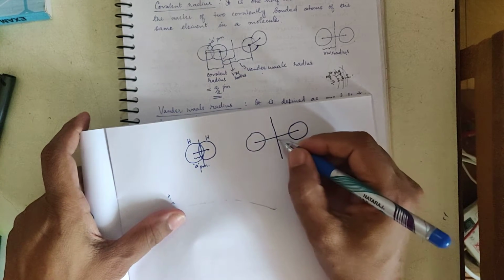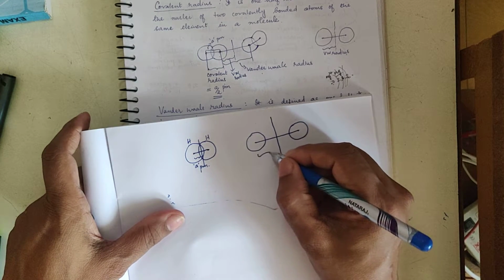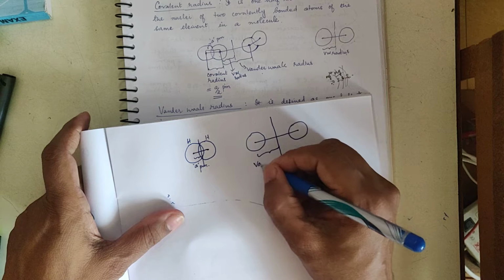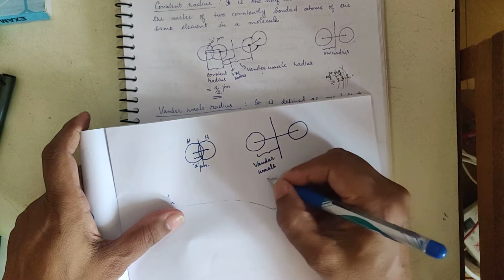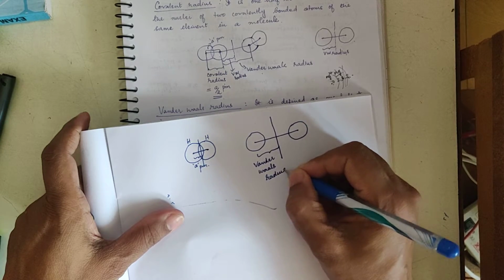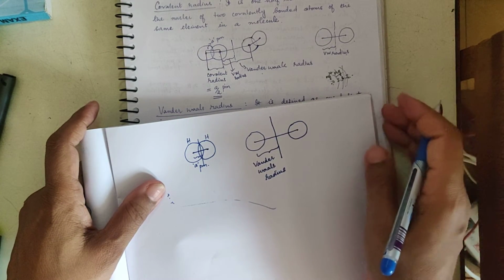So this distance is called van der Waals radius.